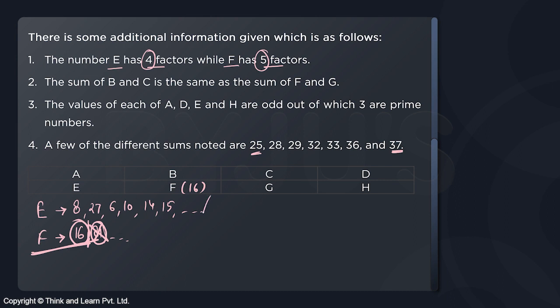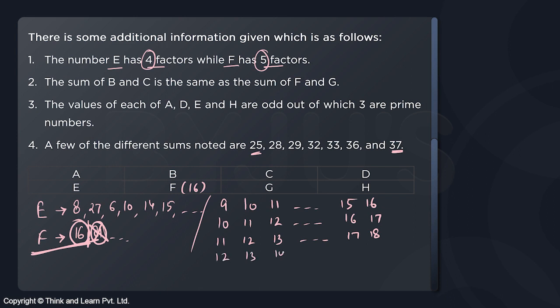Now, if F is 16, what are the possible cases? The 8 consecutive numbers can be 9, 10, 11 up to 15, 16. They can be 10, 11, 12 up to 16 and 17. They can be 11, 12, 13 up to 17, 18. They can be 12, 13, 14 up to 18 and 19.